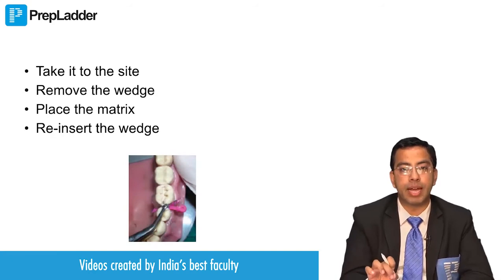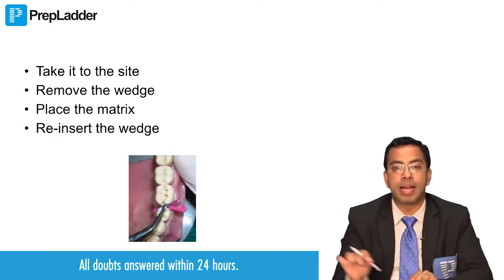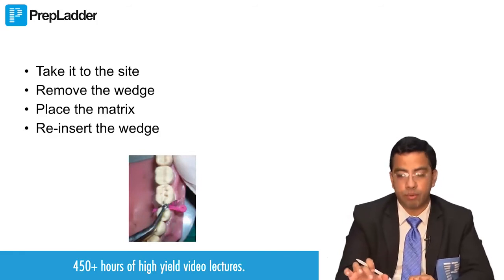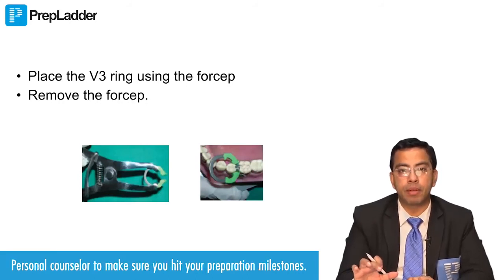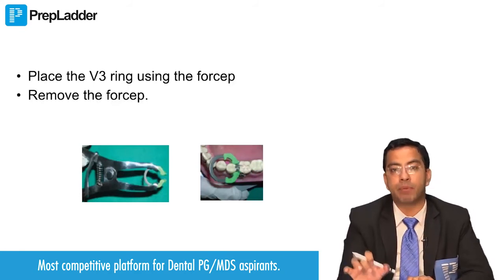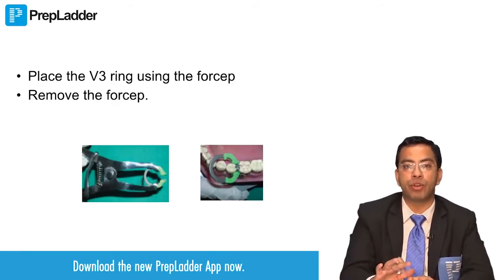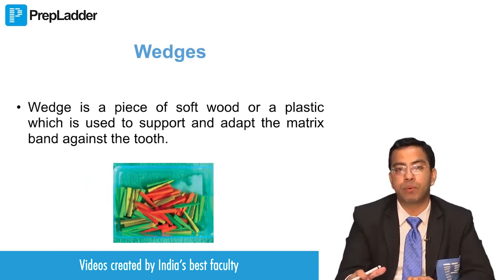You take it to the side. First you remove the wedge, you place your matrix band and then you replace your wedge. Then you take this V3 ring using the forceps and take it to the tooth structure, and once you have placed it in proper position, then you remove your forceps. That's how you are going to work.